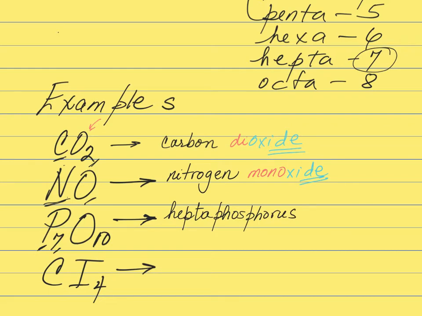So when I have more than one atom of the first element in my formula, I have to put the prefix in there. Now, look over here. 10. What is the prefix for 10? Deca. Oxygen. Okay. In this case, I'm going to drop this over here. Decoxide. IDE.